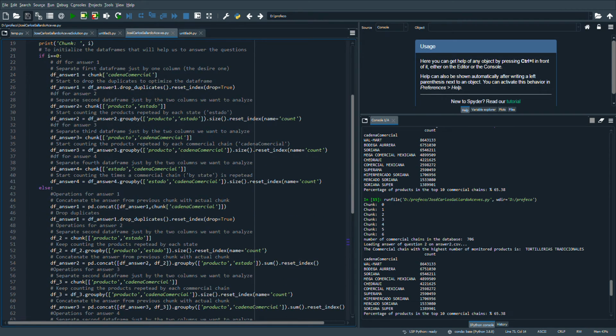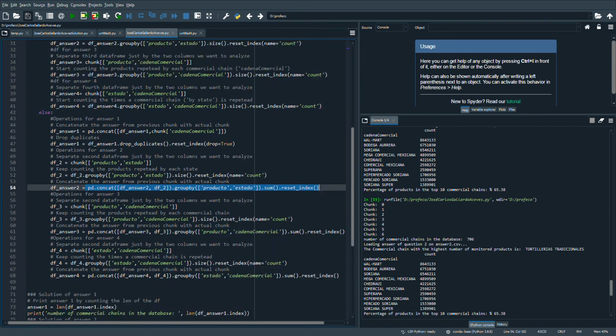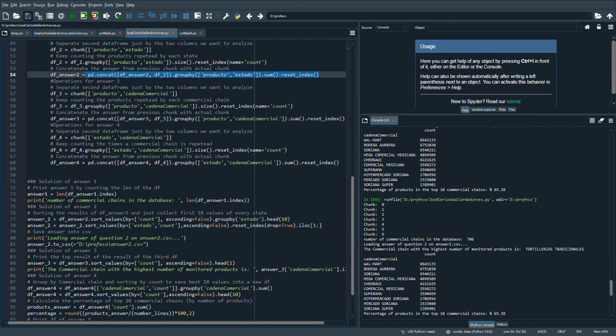I did that for every chunk, and for every chunk, I create a concat again to start saving the values in a data frame that has the answer. Then at the end, I have a data frame with all the counts of states and products.